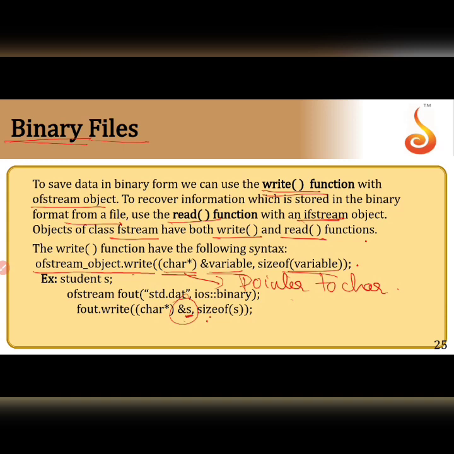If I pass an object or a class, it will add up the memory required for each data element, and together it will give you the total. The same thing goes for a structure also. Individually it will add how many bytes are required. For example, if my structure has 4 elements of type integer, then it will be 8 bytes of memory.